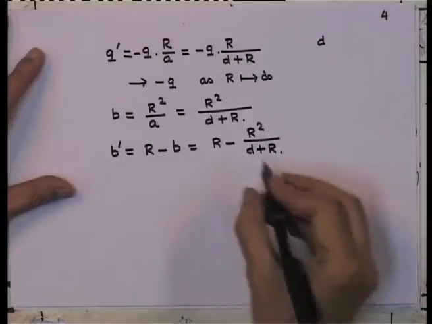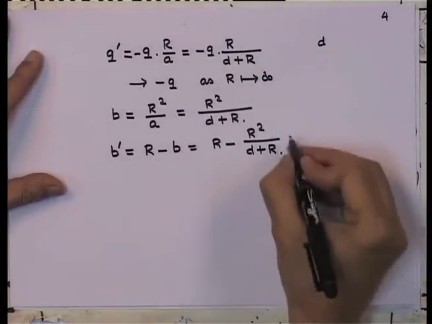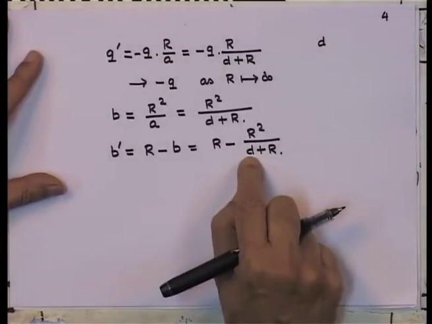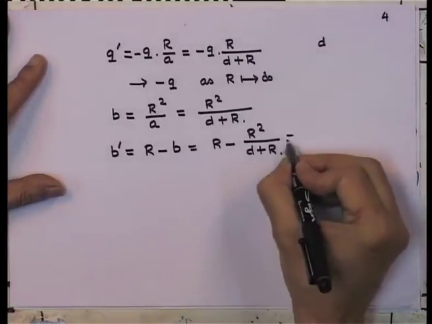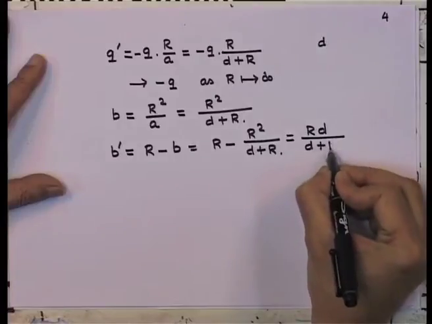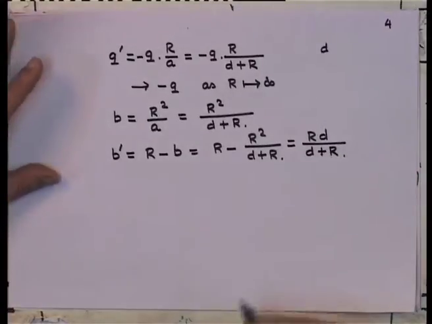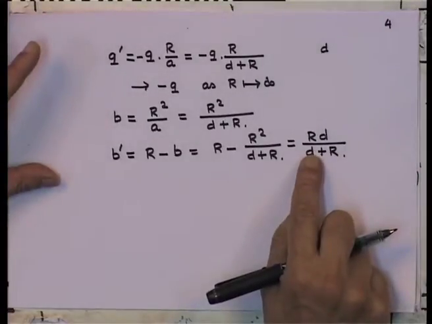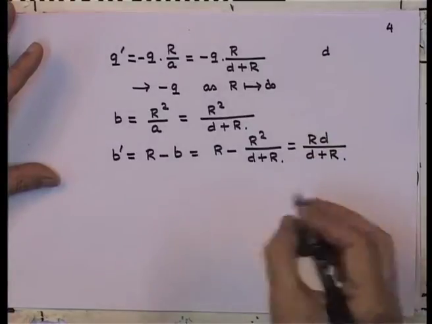And you can see that you can add it up, you get r d minus r square plus r square, which is r d by (d plus r). And if r is very large, then of course, it simply gives you d.